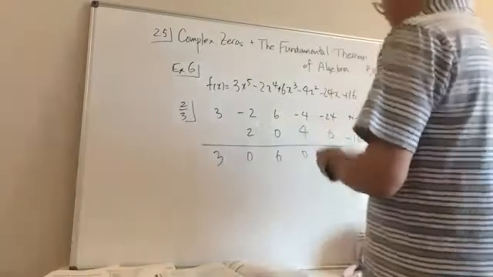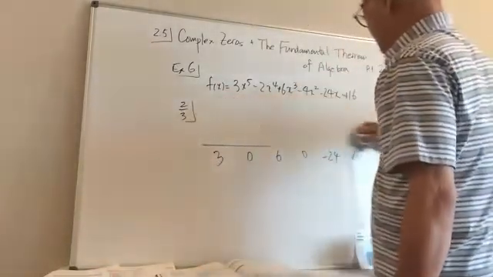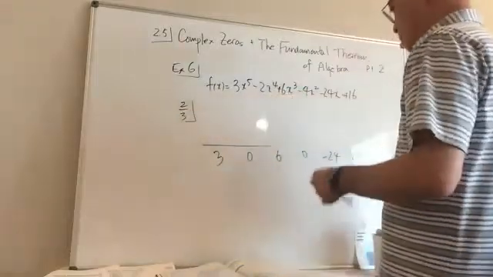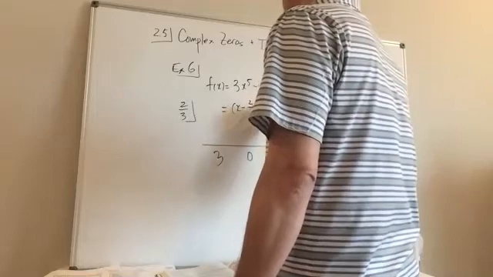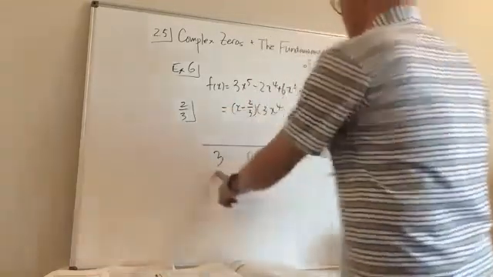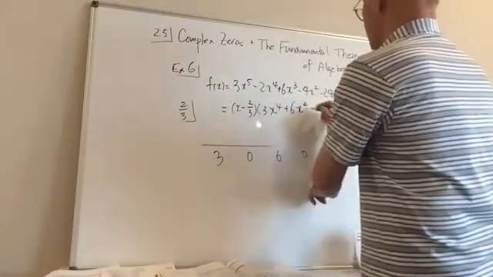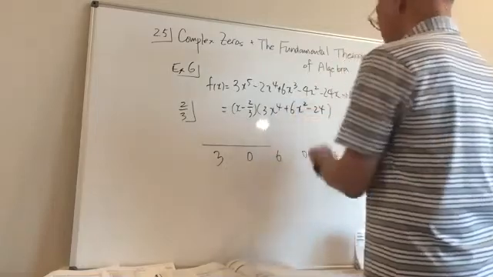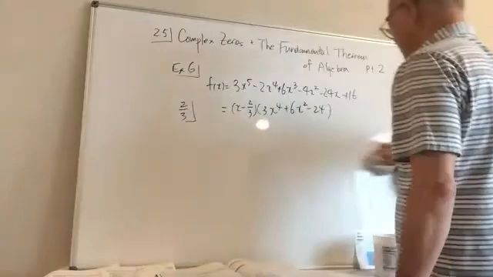So I can rewrite this as x minus 2/3 times 3x to the 4th plus 6x squared minus 24. This is what it looks like.